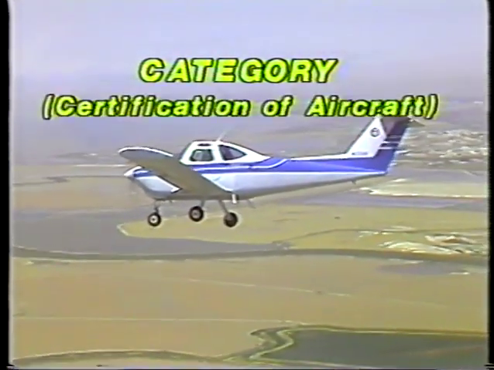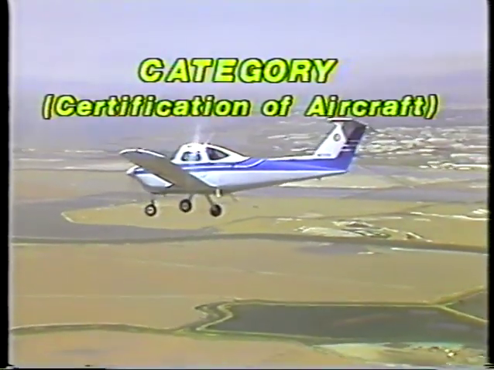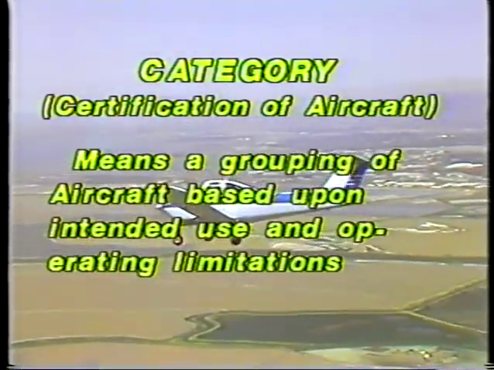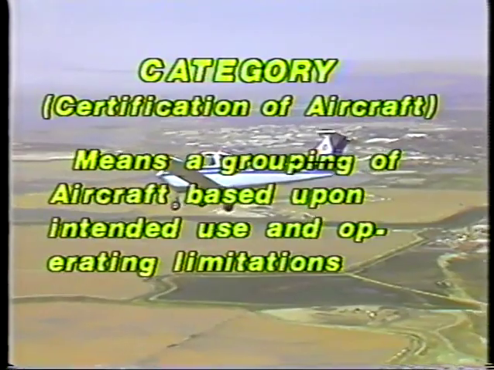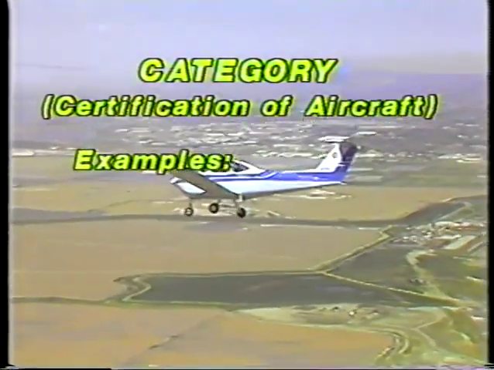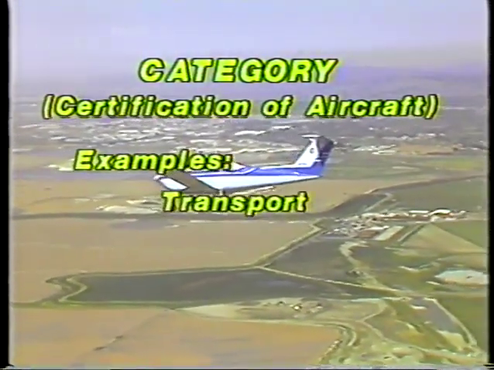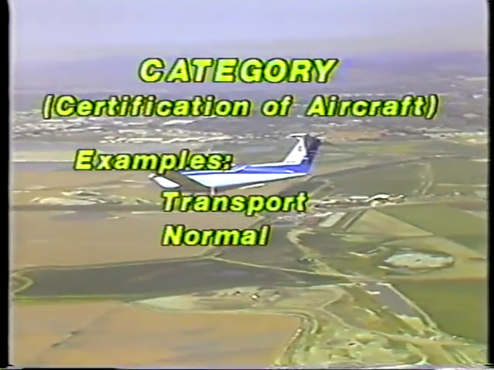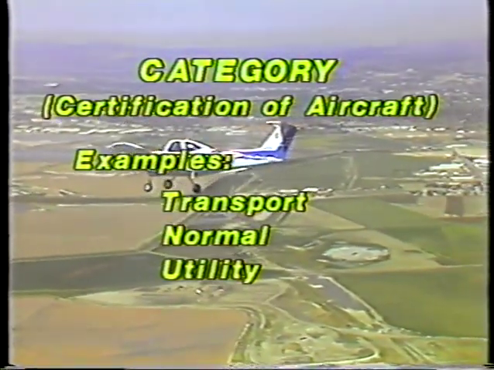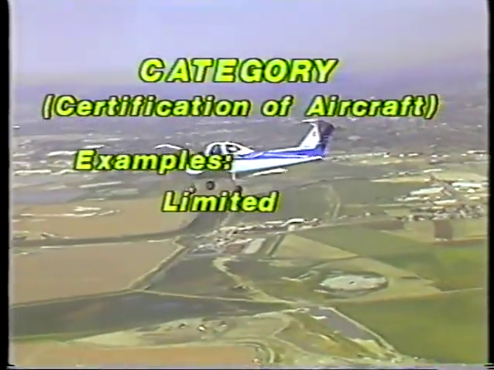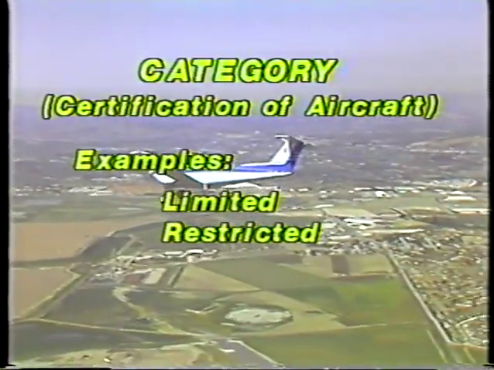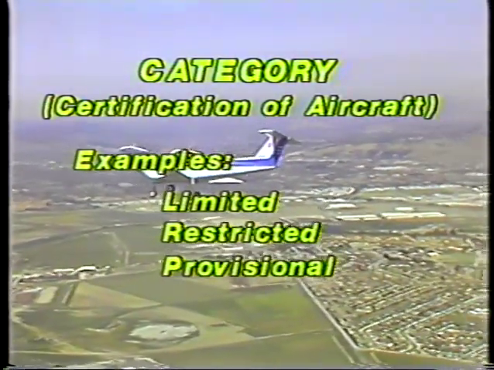When used with respect to certification of aircraft, it means a grouping of aircraft based upon intended use or operating limitations. Examples include transport, normal, utility, acrobatic, limited, restricted, and provisional.